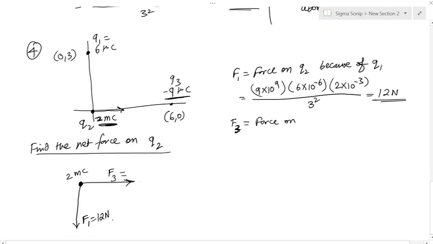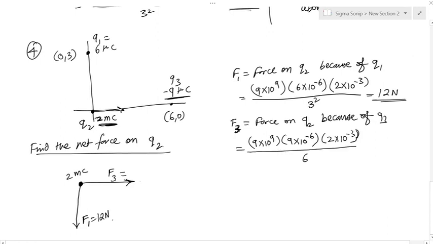This is the force on Q2 because of Q3. Again, we just use Coulomb's law, K times the first charge, and just remember, we are taking only the magnitude of the charge, times 2 times 10 to the power minus 3, divided by 6 square, and that gives me a value of 4.5 Newton. So this F3 is 4.5 Newton.